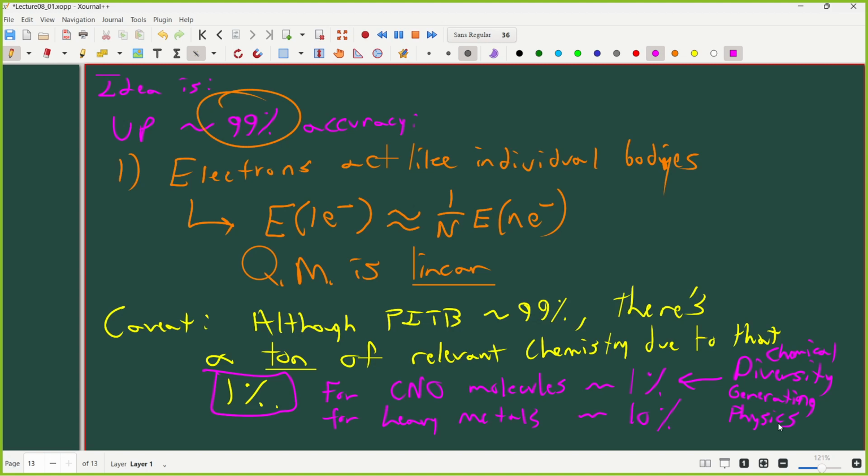This is what we call a bootstrap method, right? If we can understand the system qualitatively in the simplest possible way, we've already gotten the majority of the way to the correct answer, and then we just need to do some work to clean up the little details and the intricacies. They only constitute a small part of the energy, but they're an important part of the energy. Okay. So this is the point I want to make about particle in a box.